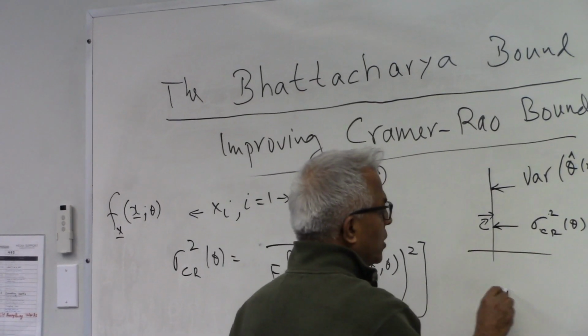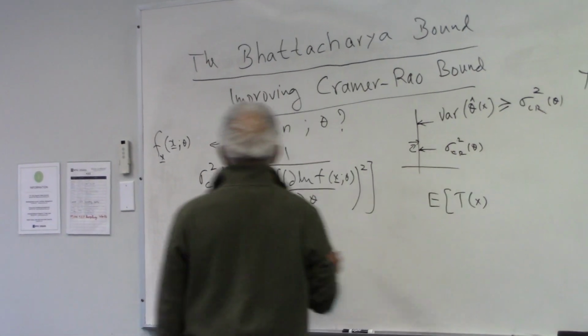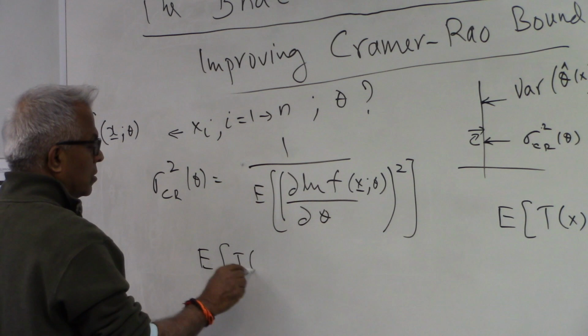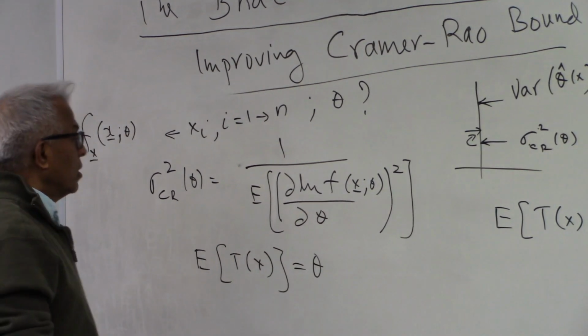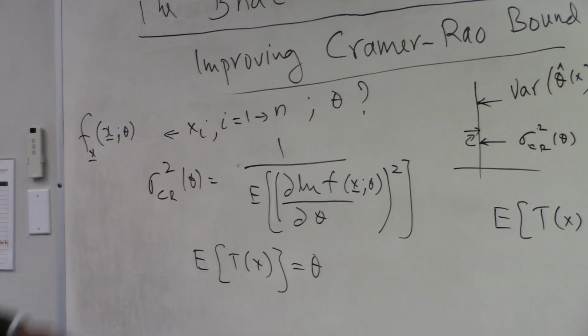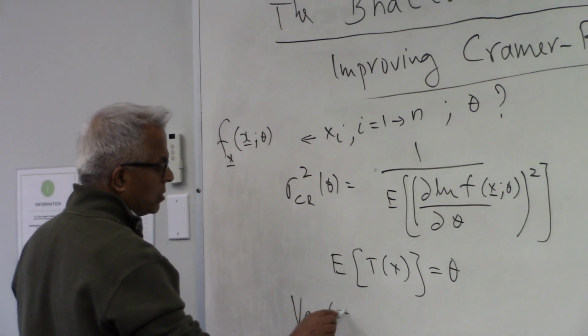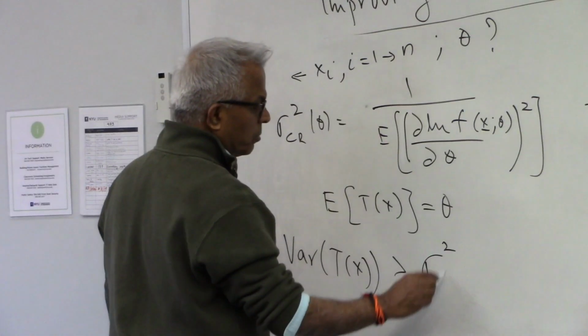If you look at the expected value of Tx, Tx is an unbiased estimator for theta. If we found an unbiased estimator, then the theorem says that the variance of the unbiased estimator is going to be greater than or equal to the Cramer-Rao bound.